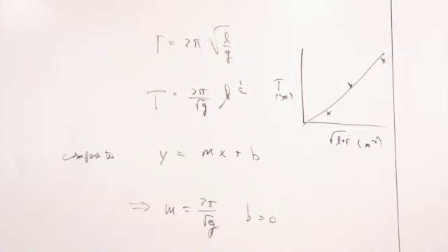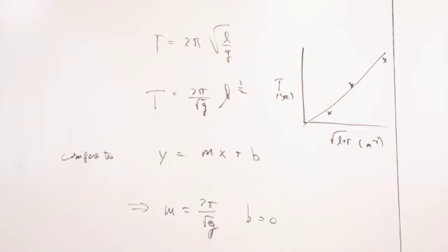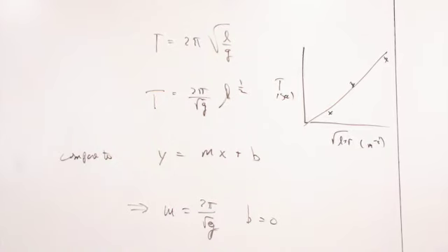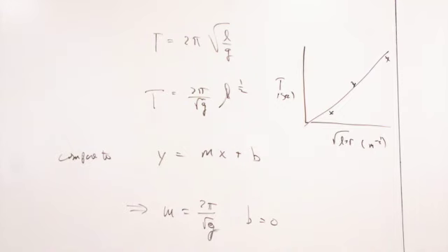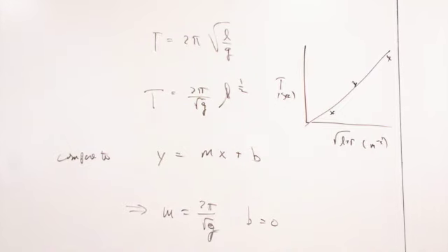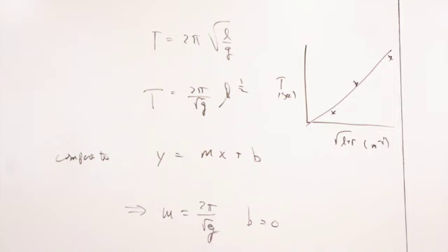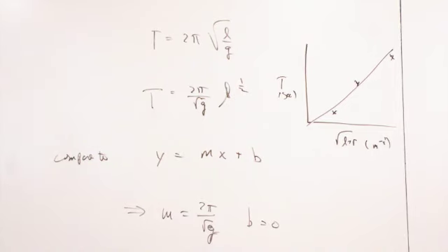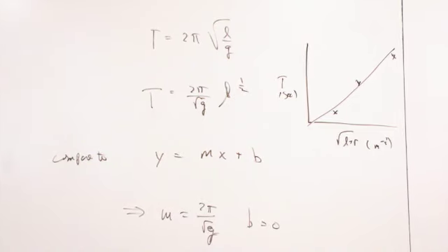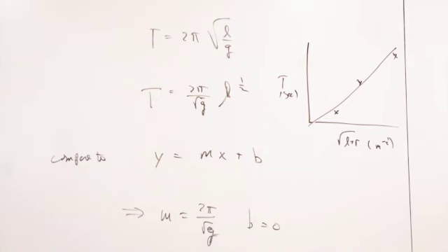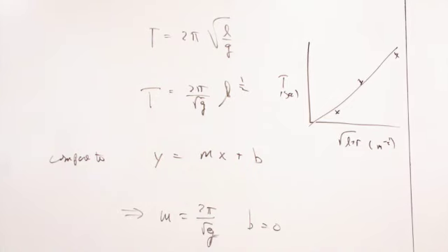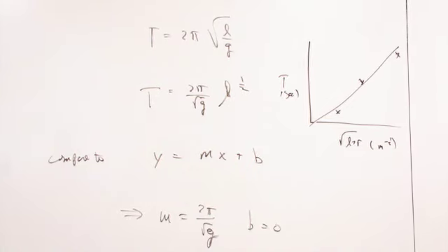If I compare that to the slope-intercept form of a straight line, which we want to force it to be, we talked about that earlier, just for ease of comparison's sake, I see that x, of course, is the square root of the length. That is the length plus the radius, as we know.